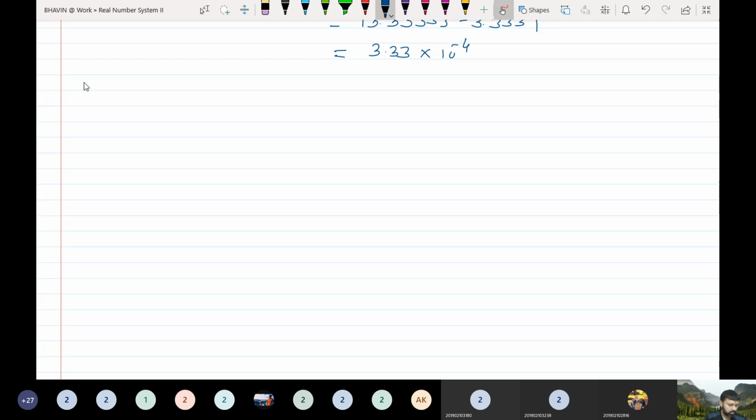Now let's calculate relative error. ER means relative error is equal to absolute error upon its true value. What is absolute error? 3.33 into 10 raised to minus 4.